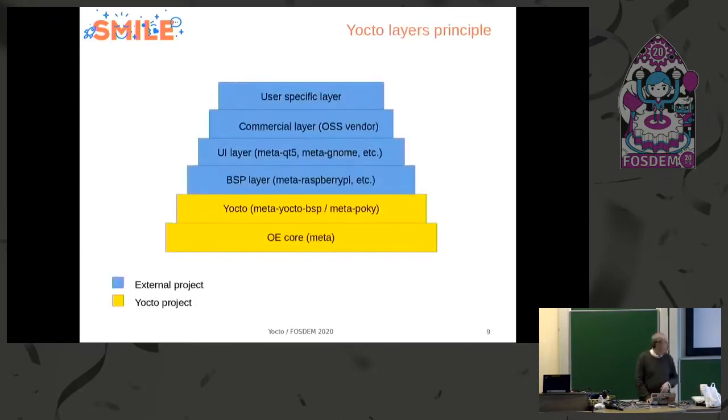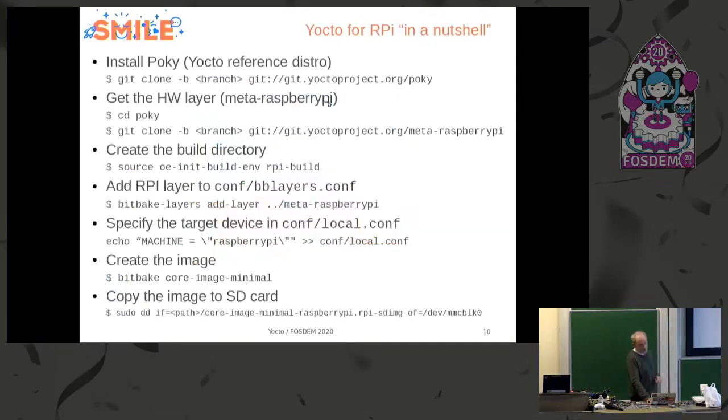Okay, this is the principle of Yocto with the layers. And you have in yellow the Yocto layers, and then you have to add the BSP, for example for the Raspberry Pi, etc. So if you want to build a Yocto image for Raspberry Pi, you have to download Yocto, actually the Poky sources.